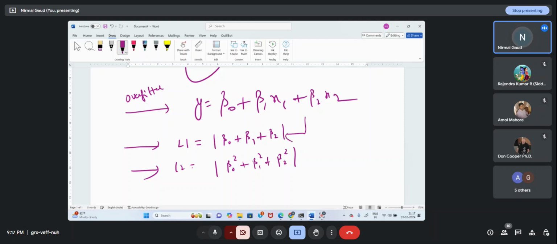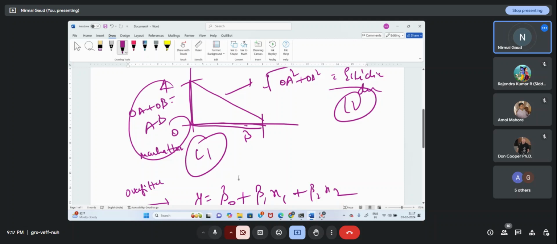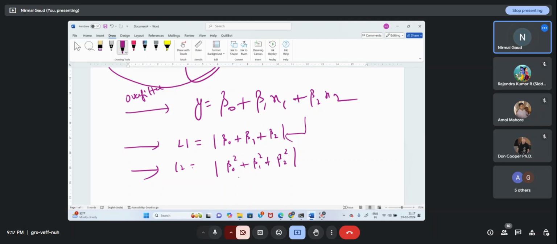Kindly connect to what I taught: Manhattan distance is the sum of the lengths. However, Euclidean is the shortest distance, this square root. So either you can put the square root also, no worries. So the concept of L1 and L2 came from Manhattan and Euclidean only.